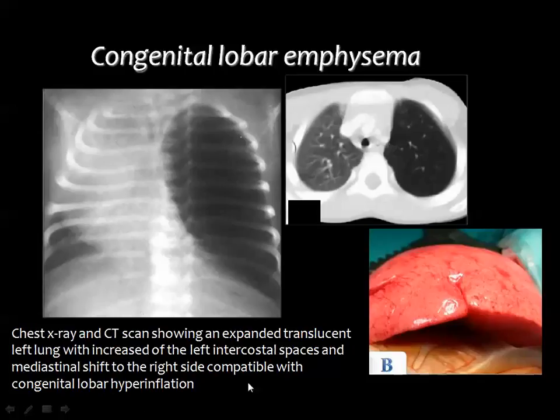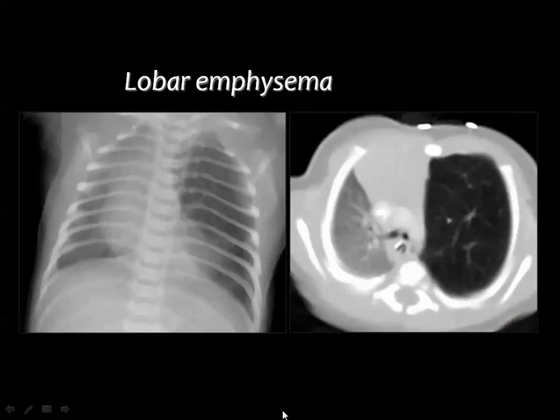And there is another example, and you see the emphysematous lobe is crossing the mediastinal border. The remaining part of the lung is compressed near the diaphragm, and by CT scan you see the scanty vessels in the emphysematous lobe and the normal vessels in the sound lobe. And another example of congenital lobar emphysema of the left upper lobe, which is the commonest side.